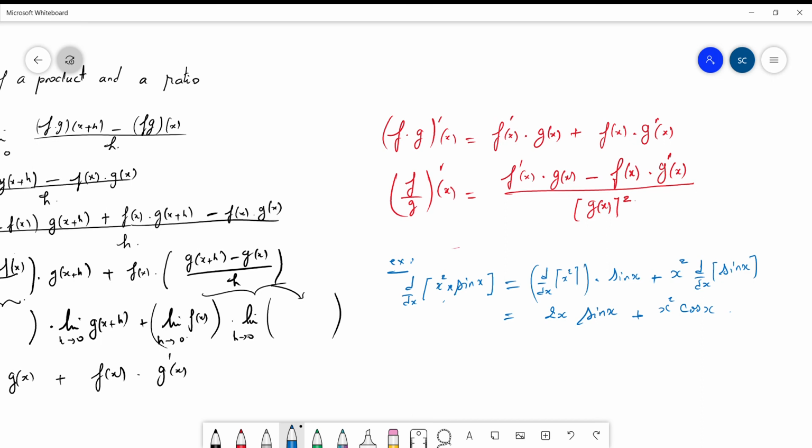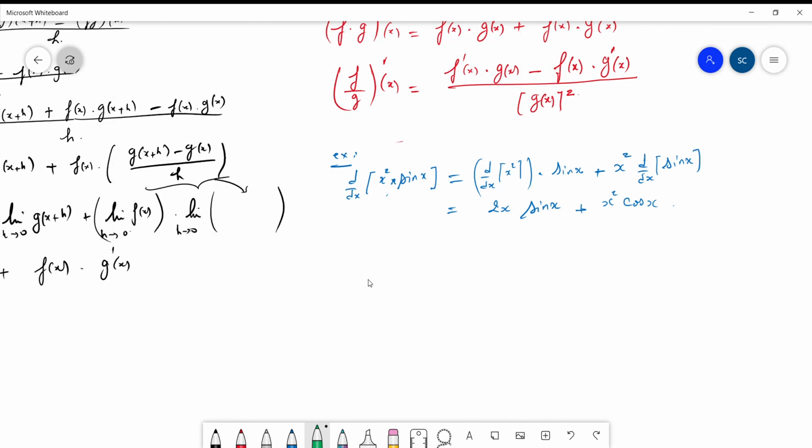Another example, for a ratio, for the derivative of a quotient. Let's derive the derivative of (x+1) over (x^2+x-2). I identify the form of my function.